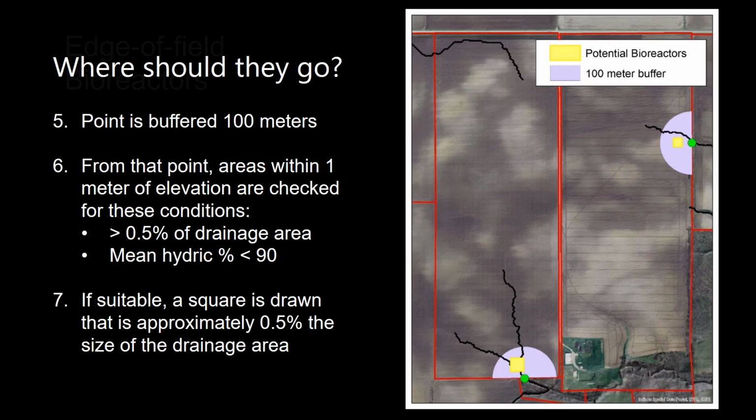From those points, areas within 1 meter of elevation are checked for the 2 following conditions: that area makes up at least 0.5% of the drainage area to that point, and that the mean hydric percent is less than 90. If suitable, a square is drawn that is approximately 0.5% the size of the drainage area. So this gives you an idea of the actual size that your bioreactor would be.